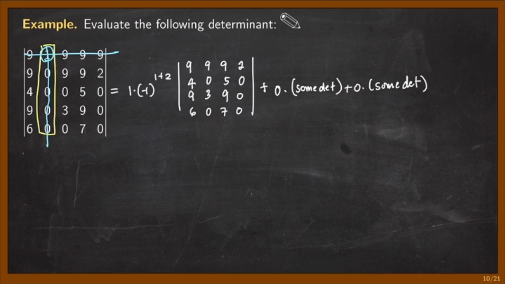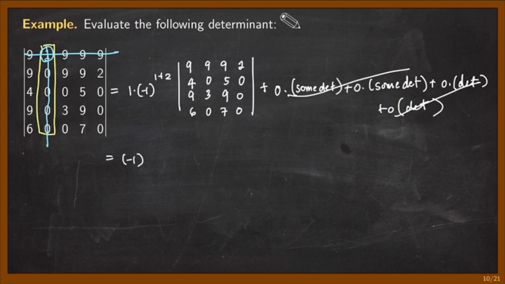Whatever that determinant is, it's just 0. So all of these are just 0, and what's left is this determinant. By the way, negative 1 raised to 1 plus 2 is negative 1, so there's a negative 1 factor over here.